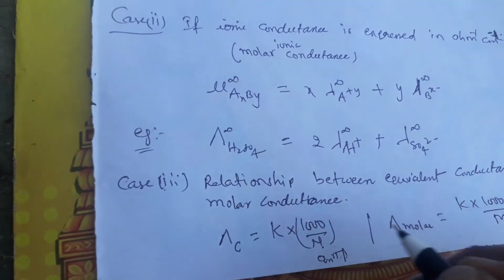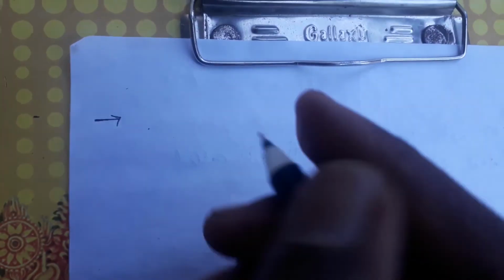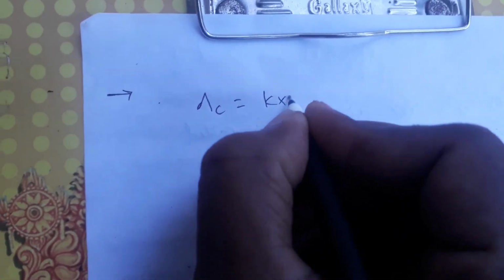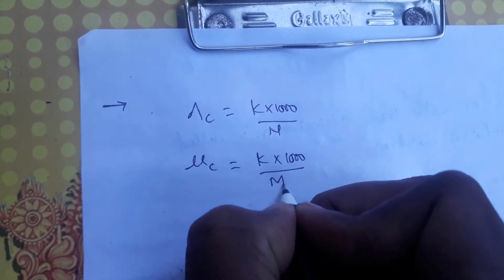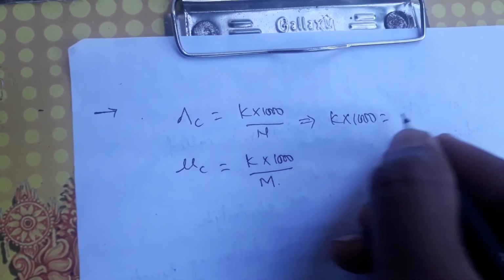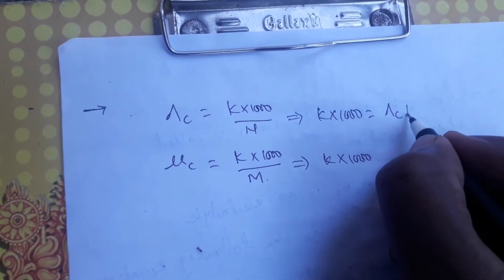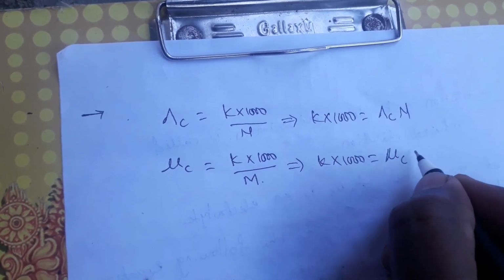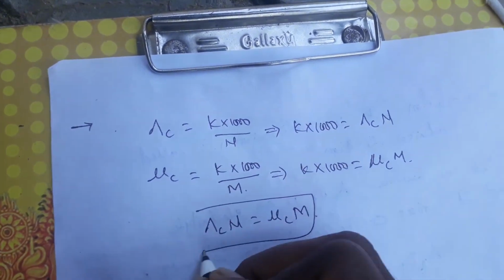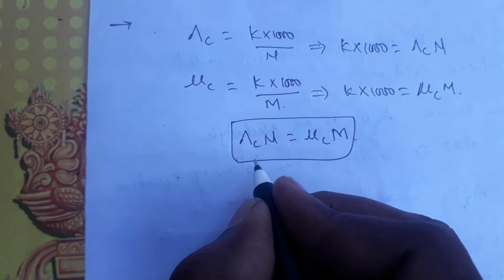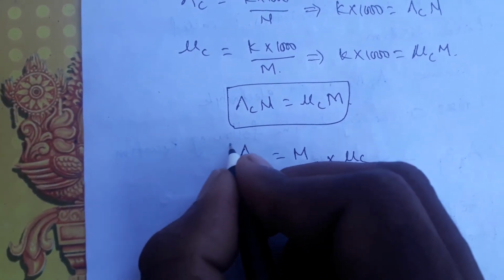So if you equalize these two, lambda c is equal to k into 1000 by N, and mu c, that is molar conductance, is equal to k into 1000 by M. So k into 1000, where k is the specific conductance, is equal to lambda c into N, and also equal to mu c into M. Both are equal, so lambda c into N is equal to mu c into M. So this is the relationship between the molar conductance and equivalent conductance, that is equivalent conductance is equal to molarity by normality into molar conductance.